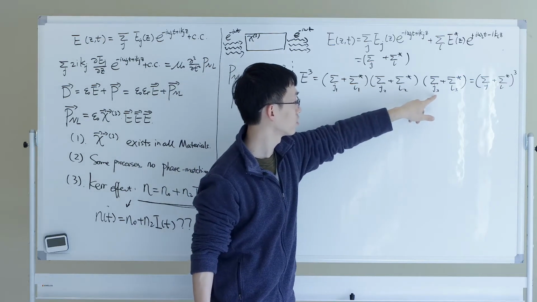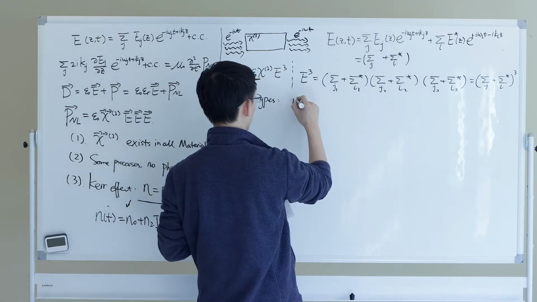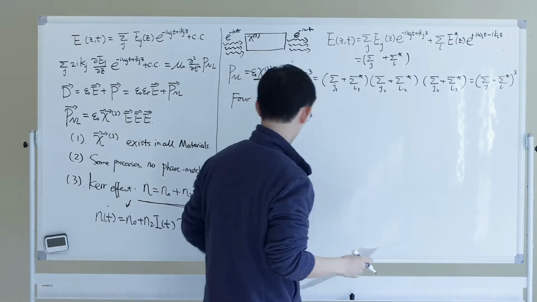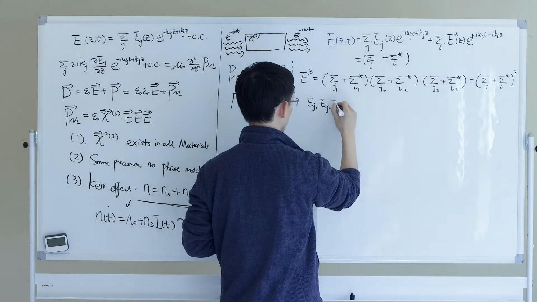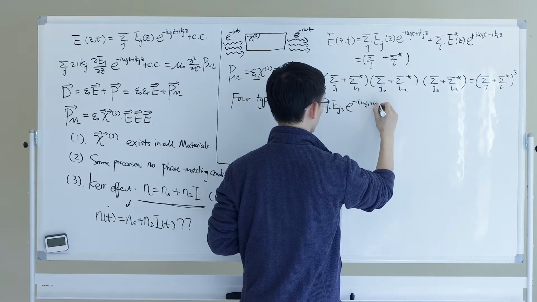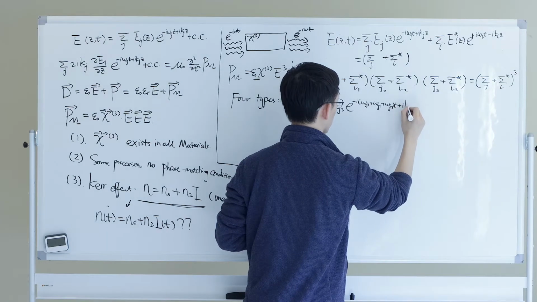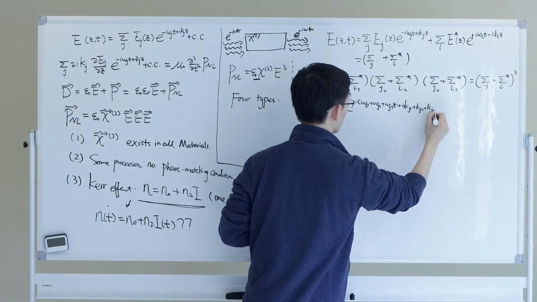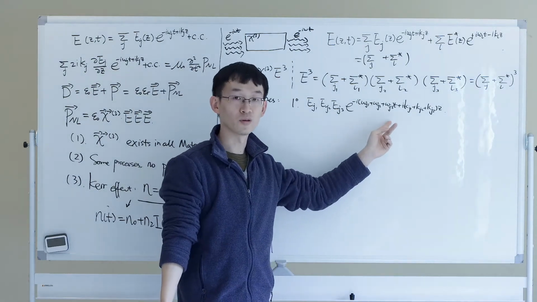For example, if all 3 are coming from the negative frequency components, then the term you will have is EJ1, EJ2, EJ3, e to the minus i (omega J1 plus omega J2 plus omega J3) t, and then of course i (kJ1 plus kJ2 plus kJ3) z. And what is this? This is just some frequency.